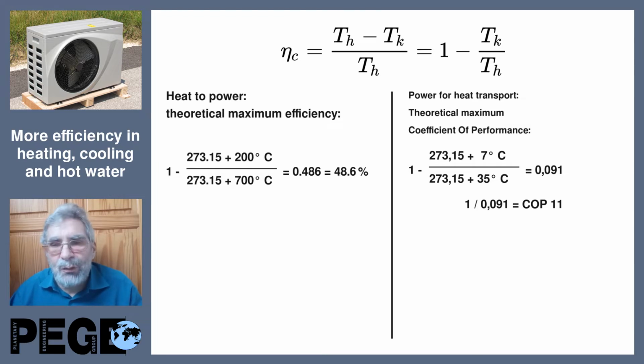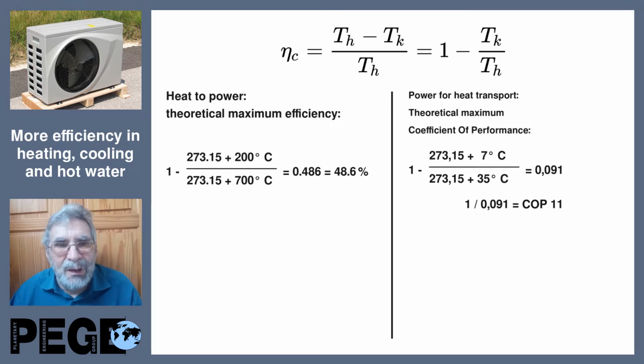On the right side, we have an example for power for heat transport. Here we have 7 degrees Celsius on the cold side and 35 degrees Celsius on the hot side. We use the same formula and we get an efficiency of 0.091, and now we take the inverse value of it.